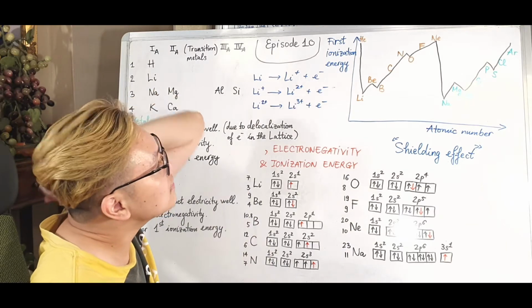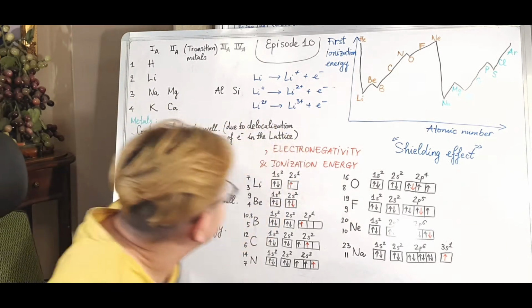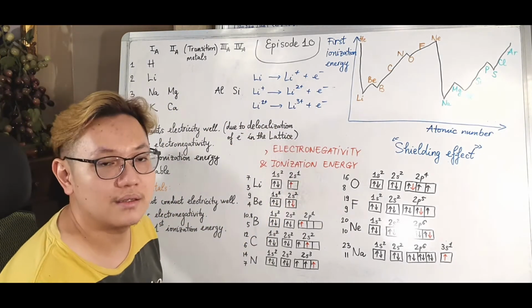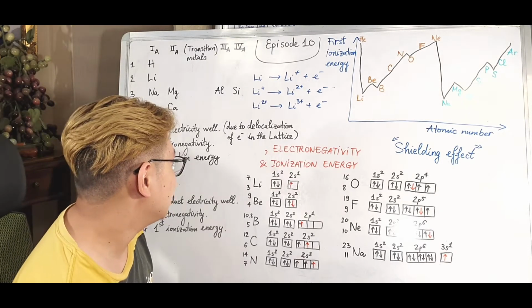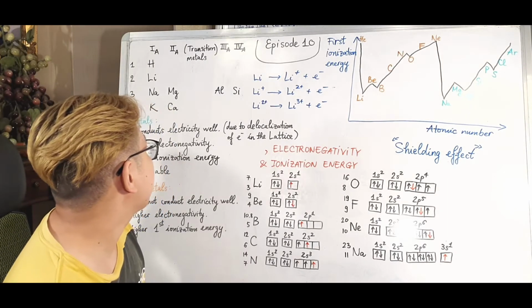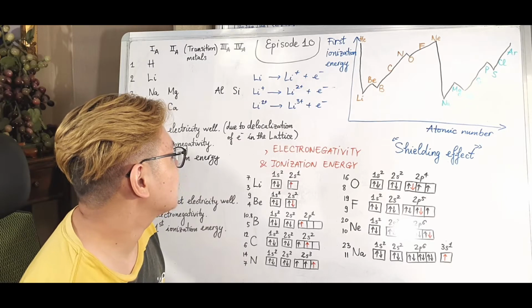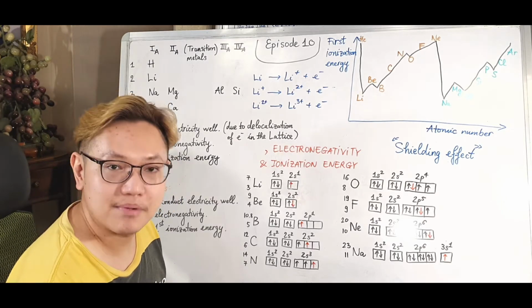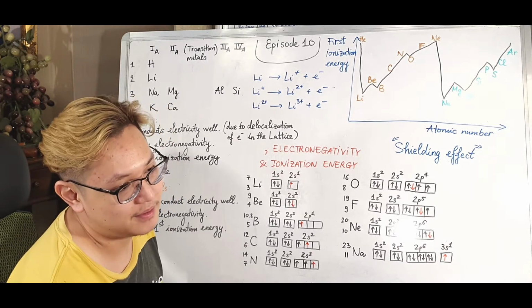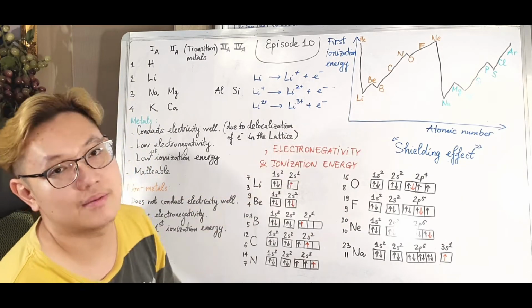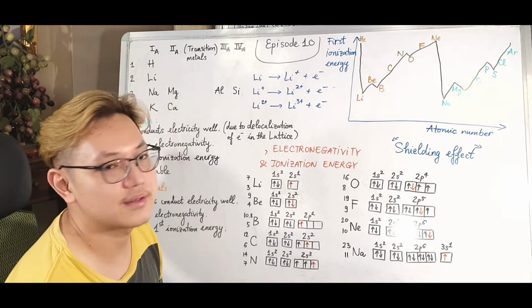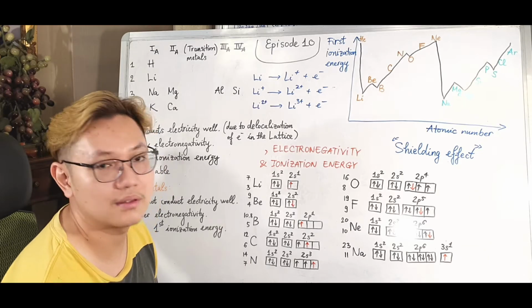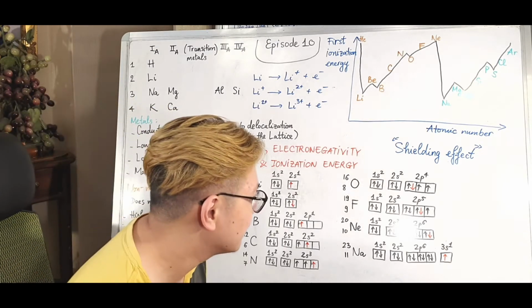So that is first, second, third, and so on ionization energy. We are talking about simple atoms, simple elements, metals and non-metals from, let's say, the second and third period in this video.